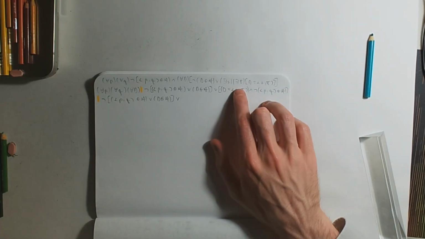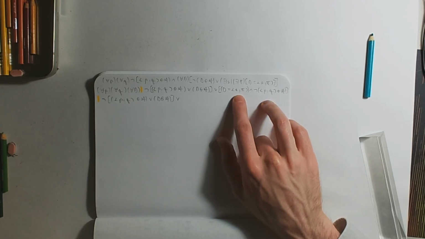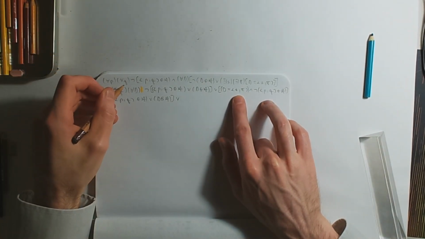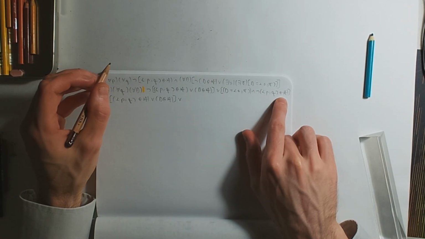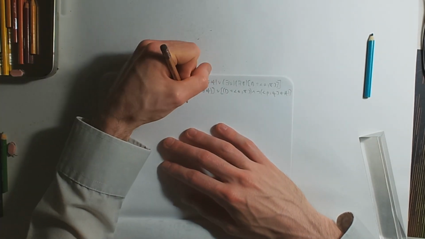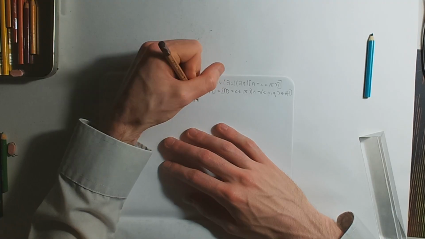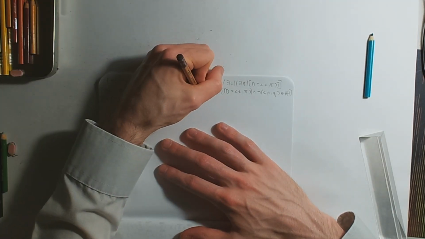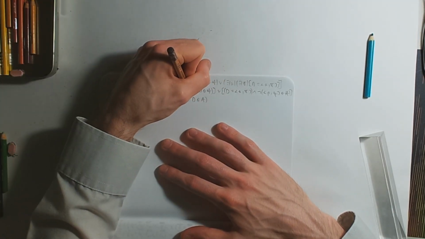If there exists an S and there exists a T such that D is equal to the ordered pair ST, and for all P and for all Q not the ordered pair PQ is an element of A, then not D is an element of A. Okay, but do I want to simplify that?